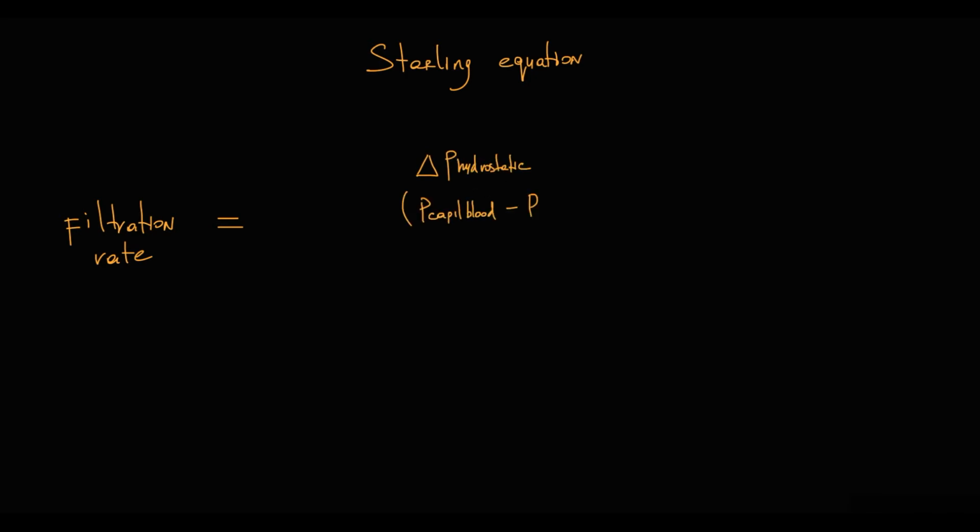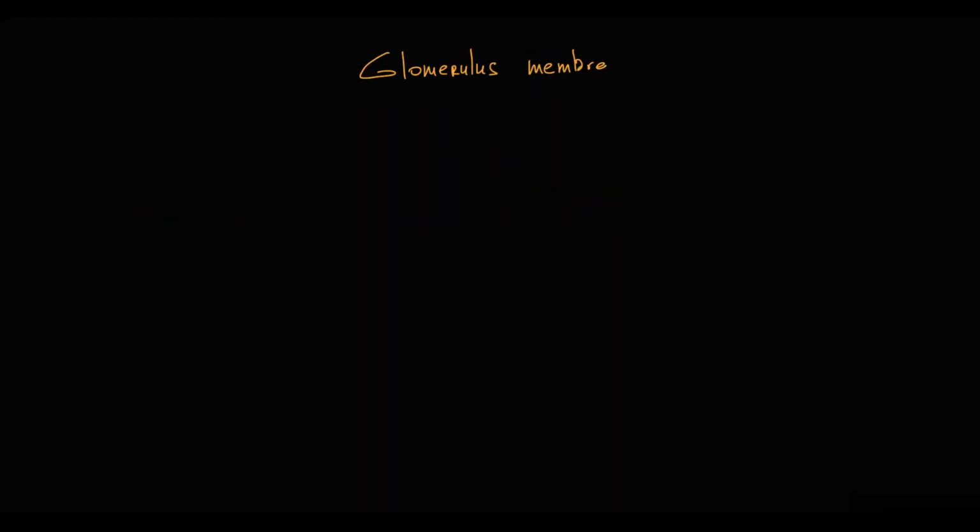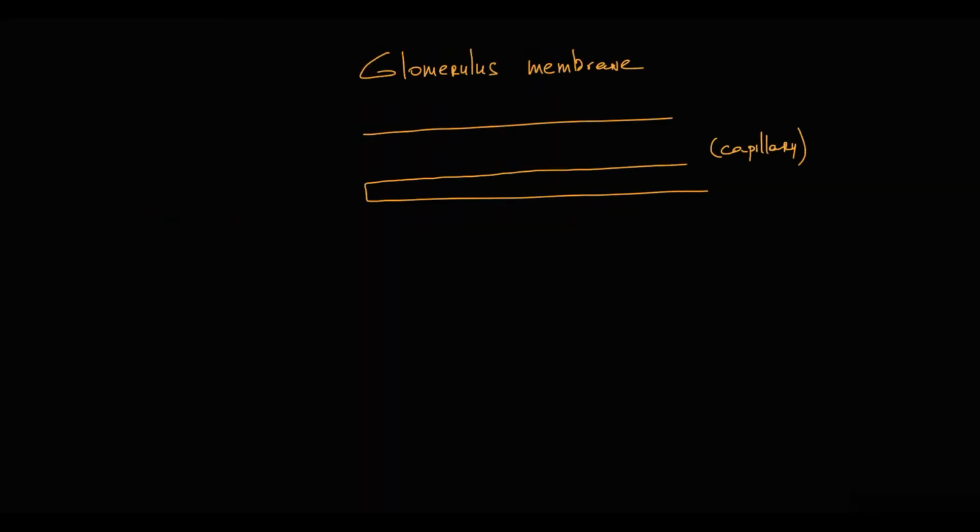According to the Starling equation, the main driving force that determines filtration rate is the difference in hydrostatic pressure between capillary blood and interstitial fluid. To explain this, let's take the glomerulus membrane, with its capillary endothelial cells, basement membrane, podocytes, and Bowman's space.